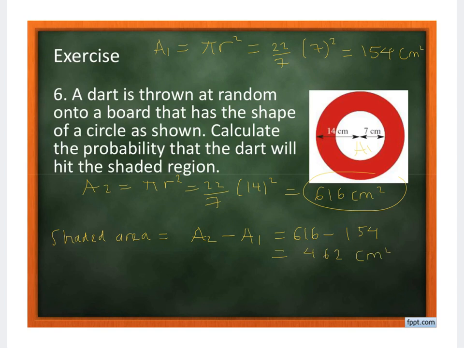So the probability the dot will hit the shaded area is 462 over the sample space 616. So equal 3/4, equal 0.75.